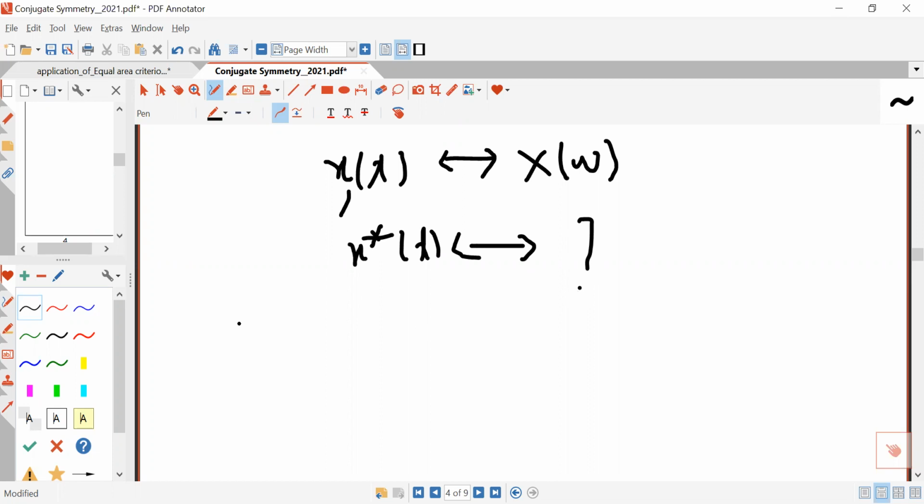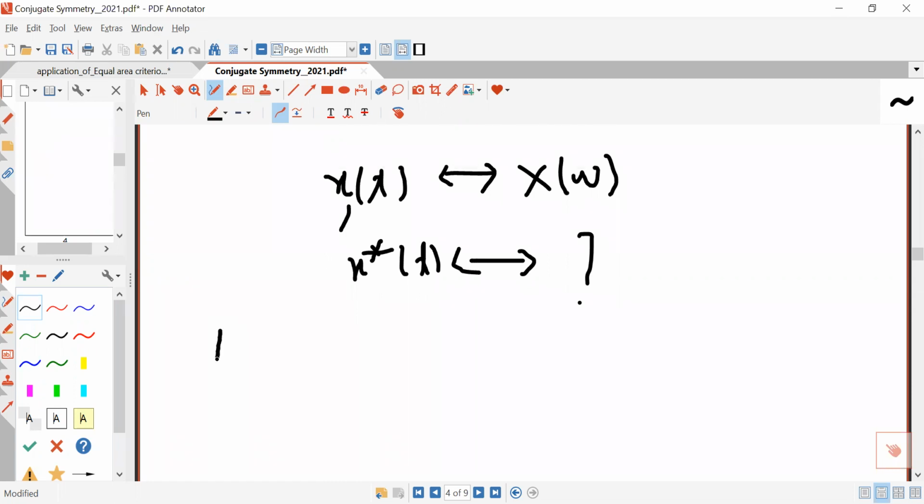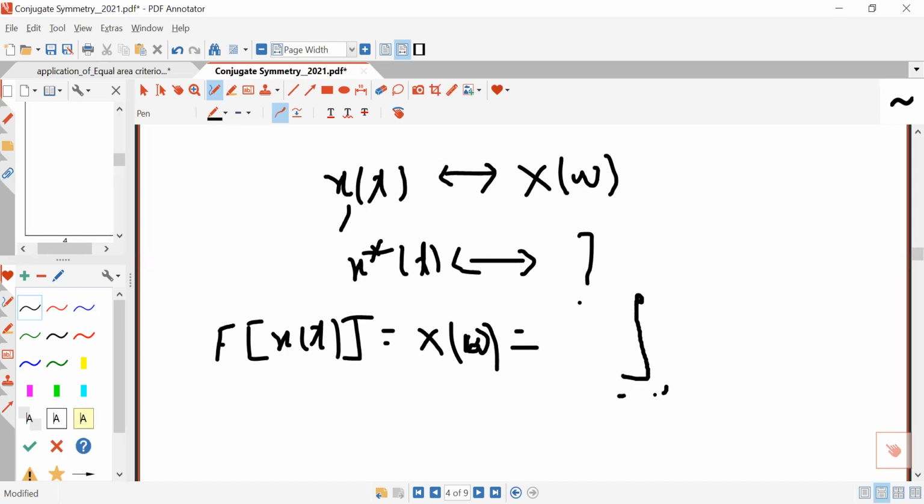So as you know, the Fourier transform of any signal x(t) is a function of omega, which is X(omega), and this X(omega) is the integration from minus infinity to plus infinity of x(t) e to the power minus j omega t dt.